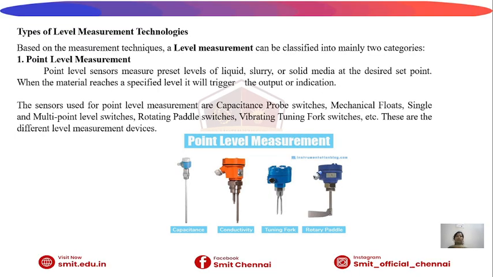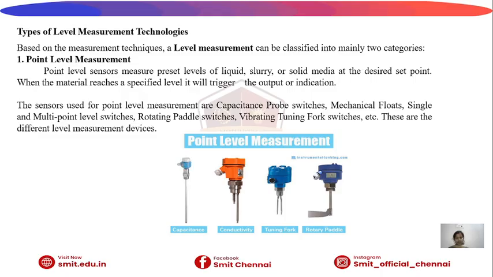So for the actual measurement technique, there are 2 level measurements. One is point level measurement, another one is continuous level measurement. Point level measurement means it measures how much weight or how much level of water there is, and it gives the output, that's all.